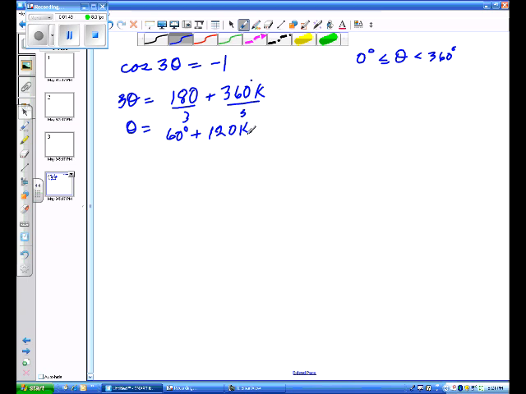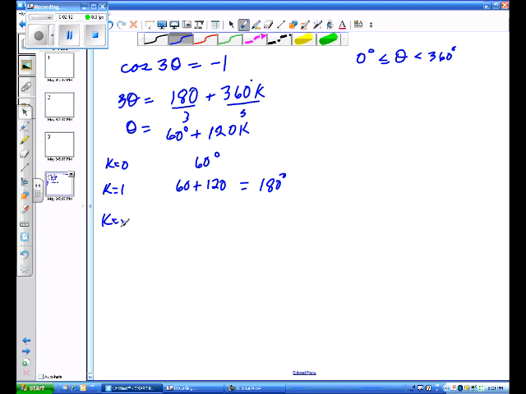So what we do is we start filling in values for k. If k is 0, then it's going to be 60 plus 0 is 60. If k is 1, then it would be 60 plus 1 times 120, or 180 degrees.